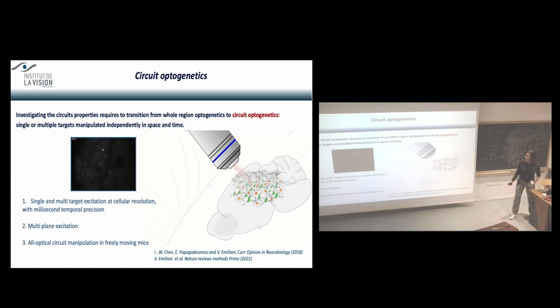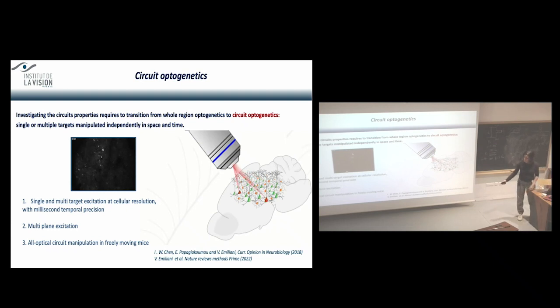So what we need for that, we need to develop approaches that enable us to activate or to inhibit the activity of a single cell or a specific group of cells with millisecond temporal resolution. Eventually, in multiple planes, you know the brain is not just a flat area, and if possible, in combination with freely moving mice, so as to also have access to the manipulation of circuits that control behaviors that require freely moving animals.